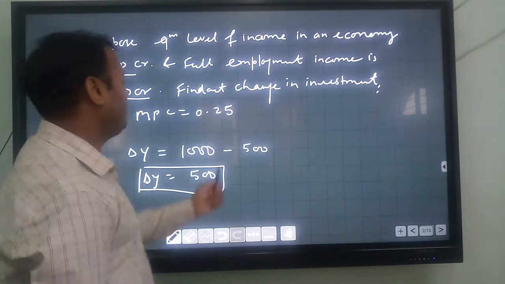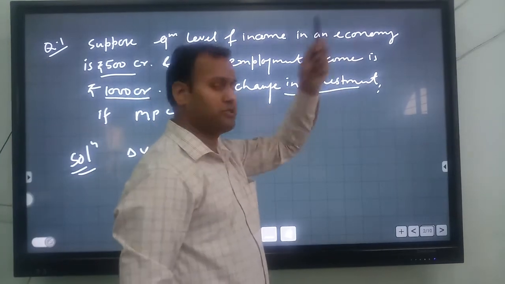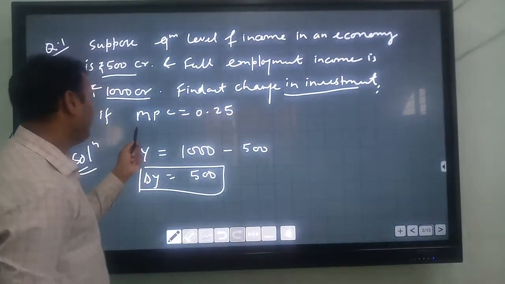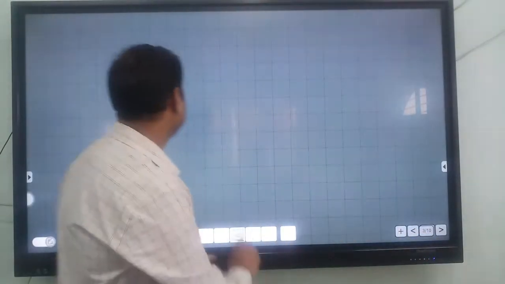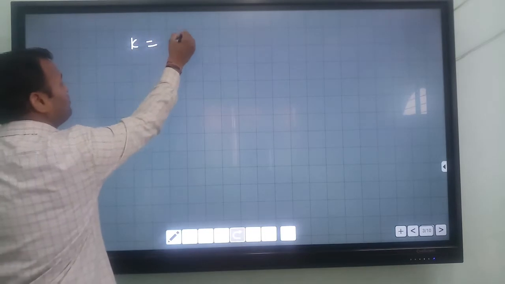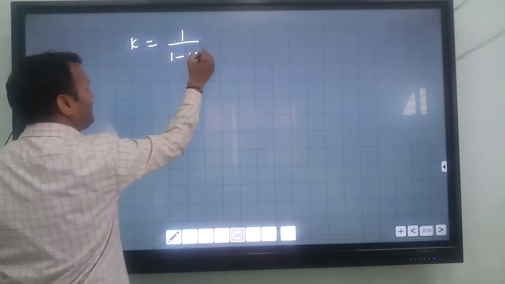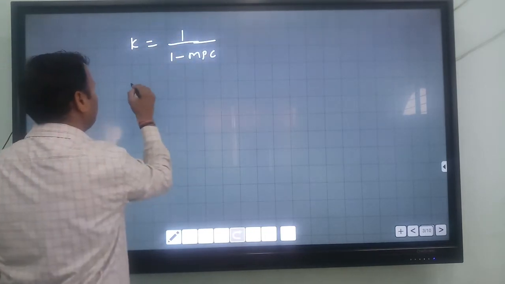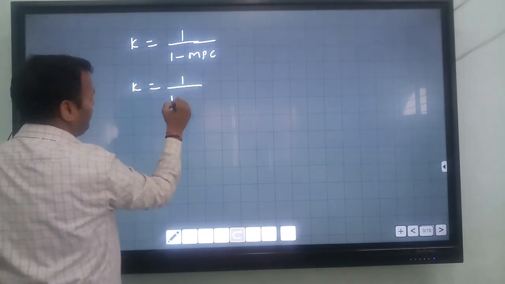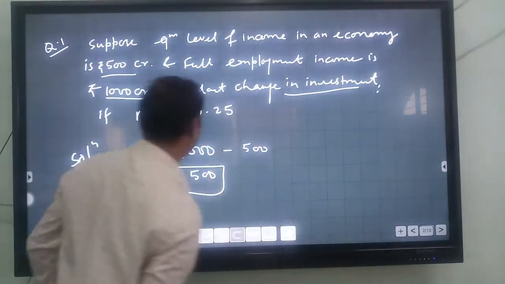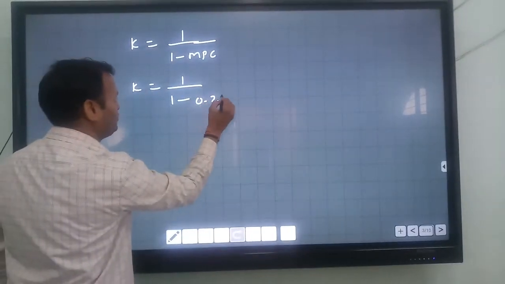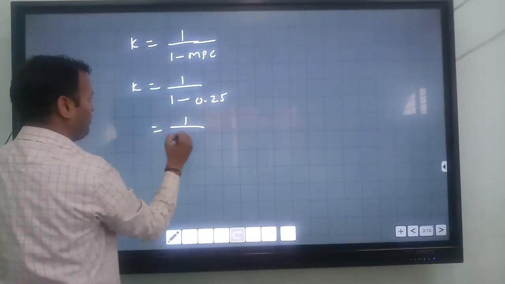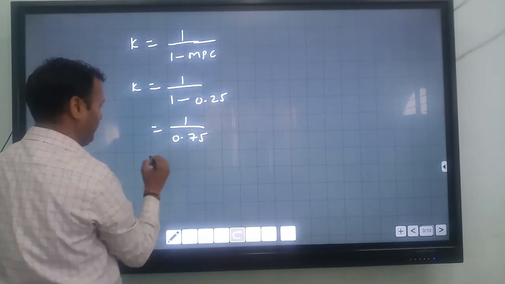Now we have to calculate the change in investment when MPC is given. K is equal to, as you know, 1 upon 1 minus MPC. So K is equal to 1 upon 1 minus 0.25, which is 1 upon 0.75.